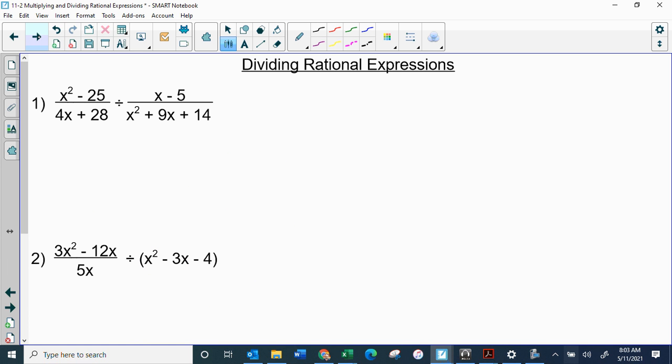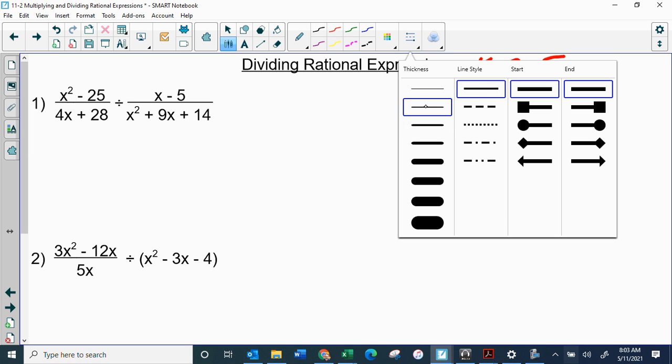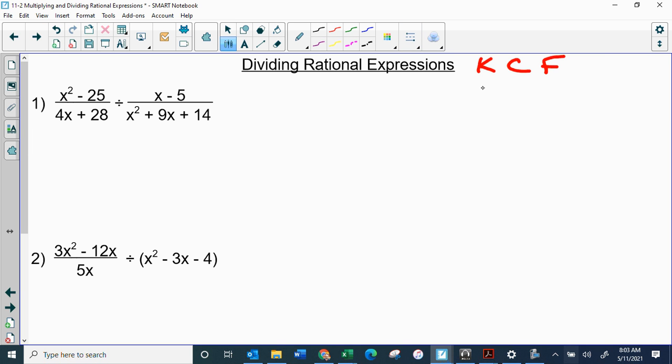So what else do I have? Dividing. So if you've done division of fractions, the way that I teach that with my students is I use this acronym KCF, which stands for, K stands for keep, the C stands for change, and the F stands for flip.